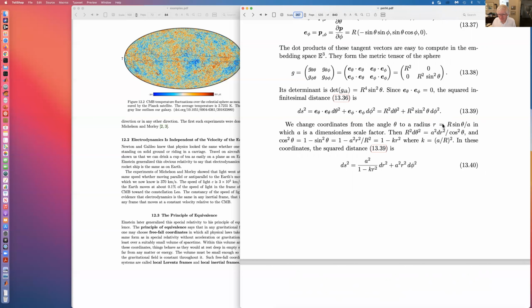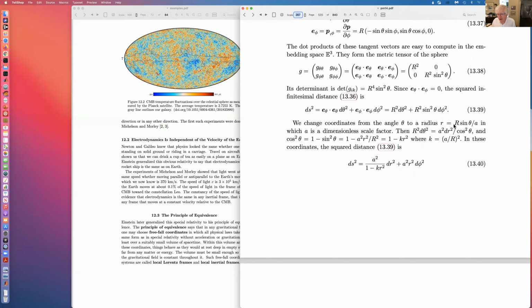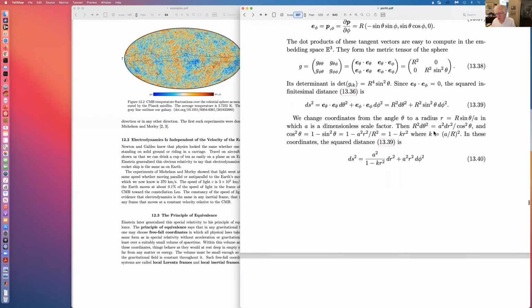I guess one has to be a mathematician to think of doing this. But if you change from angle theta to r, and you define r as the radius of the sphere divided by some dimensionless parameter, some scale factor, and assign theta, then you can replace theta in these coordinates with little r.